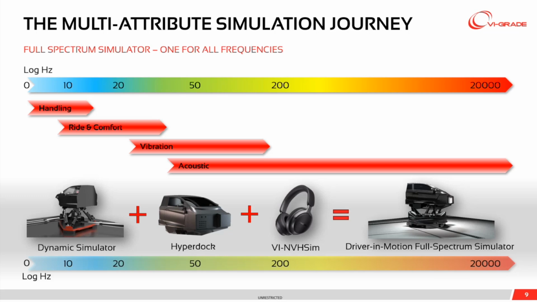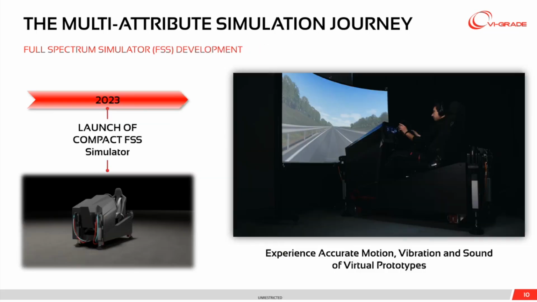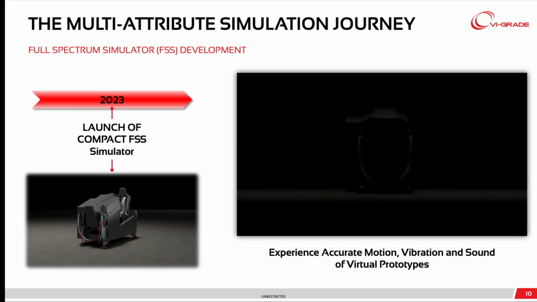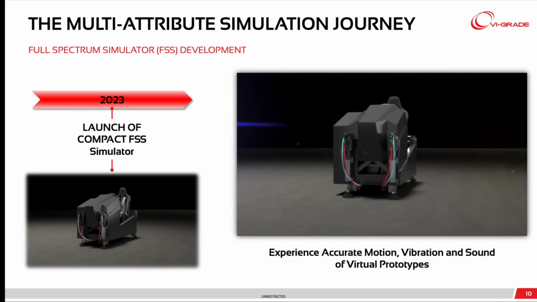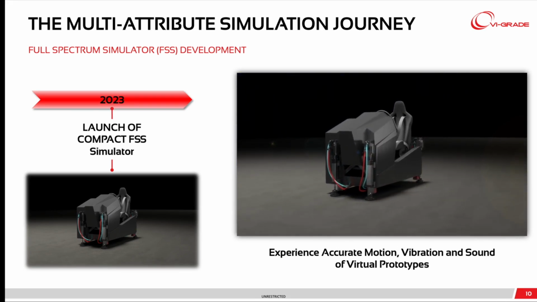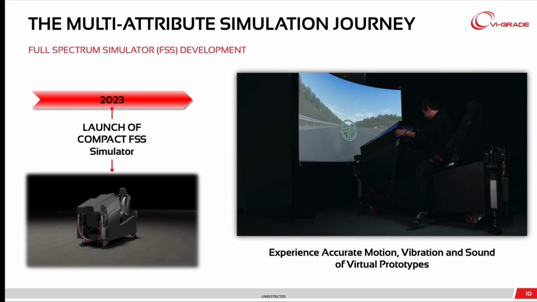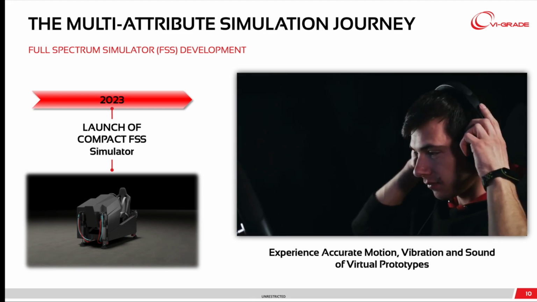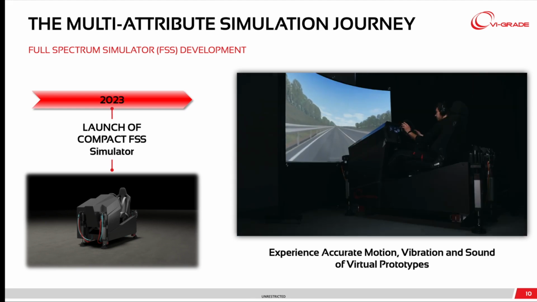We developed and improved the interface between our dynamic simulators and the VI NVH simulator to create the so-called DMFSS, which stands for Driver in Motion Full Spectrum Simulator. To get to the DMFSS, of course, we started a journey some years ago. It was not a process that ended in 2 months, but a journey of several years.